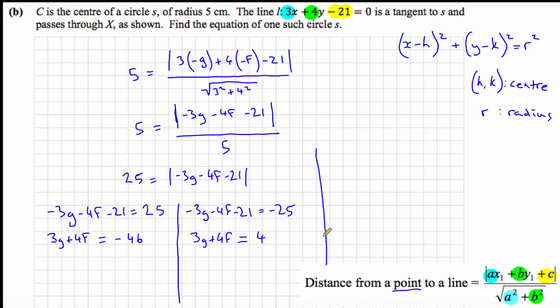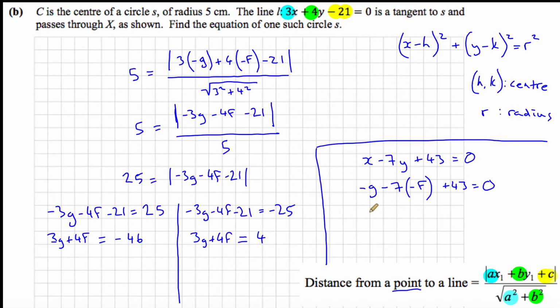So I'm going to box this area off here. I'm going to write down the formula, which is x minus 7y plus 43 is equal to 0. That's the equation of the line xc. And now we're going to sub in the values minus g and minus f. So minus g is in for x, and minus f is in for y.